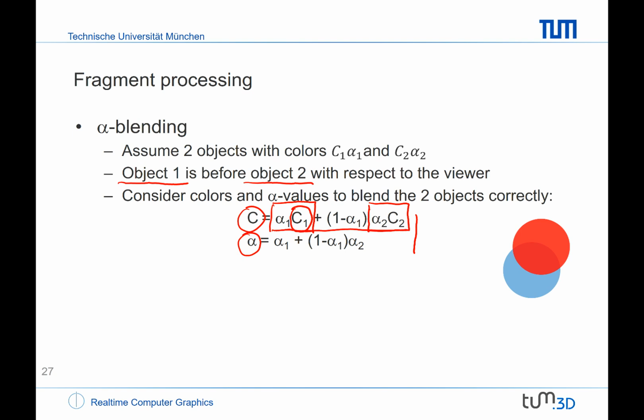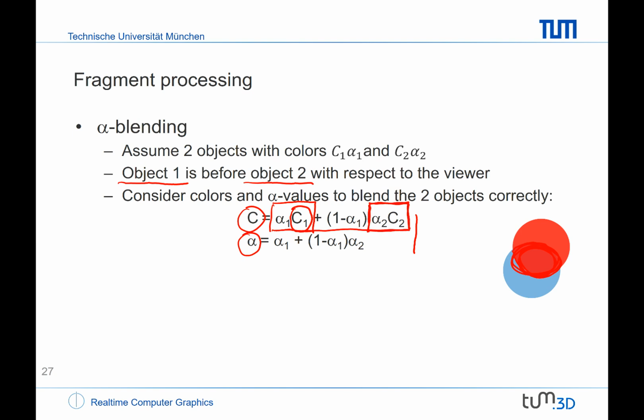But now comes into play that a certain fraction of the effectively perceived color of object 2 is attenuated because object 1 is lying in front of it. In this overlap area, the effectively perceived color of object 2, in our example the blue, is attenuated by object 1.